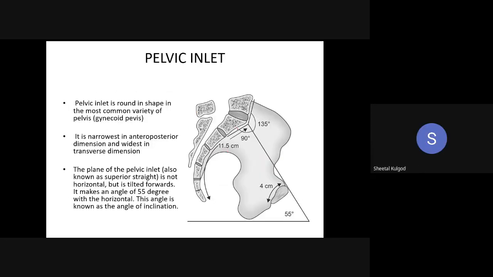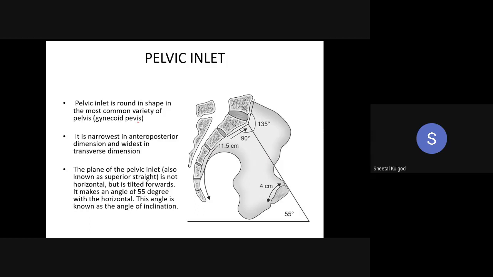So another thing is about the pelvic inlet. The most common kind of pelvis found in females is a gynecoid pelvis, and that is what we'll be discussing now in detail. This is the normal kind of pelvis, found in most females.